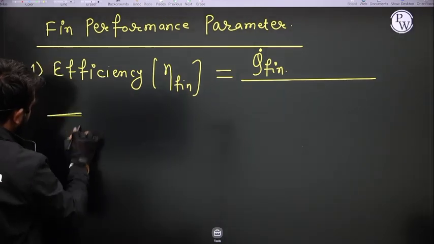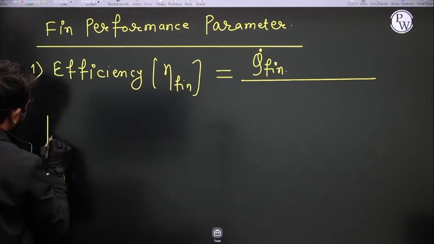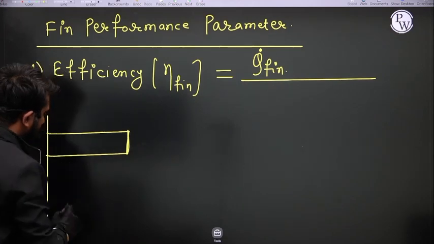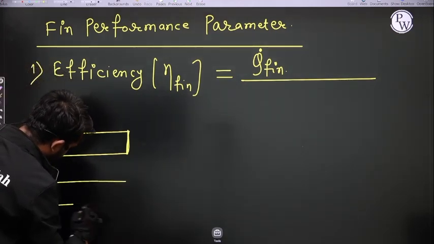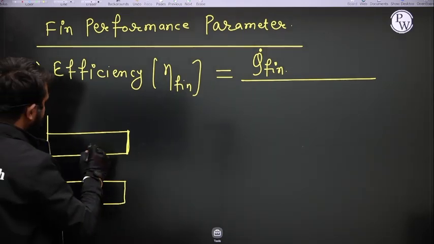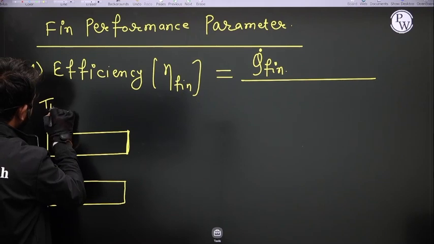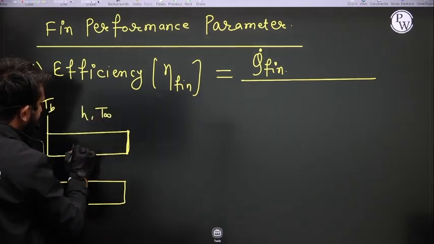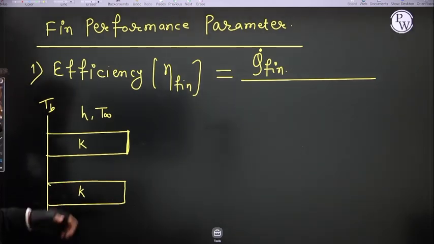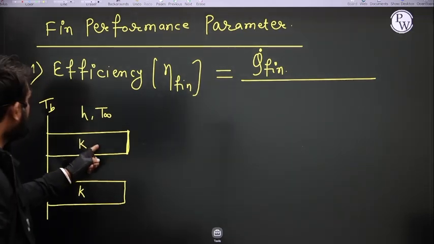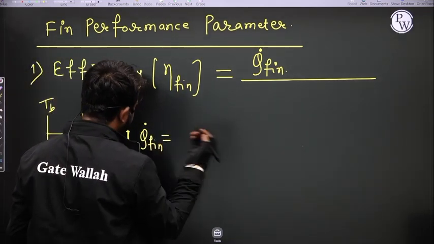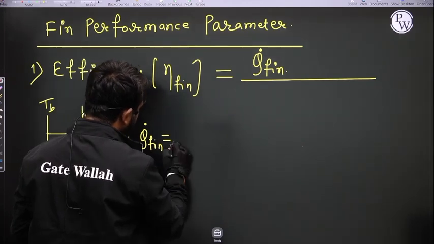See, if this is the wall and this is the fin, I am considering another identical fin. The base temperature is TB, the outside temperature is T infinity, and the thermal conductivity of the fin material is K. So what is the rate of heat transfer here? Let us assume this is an infinitely long fin.